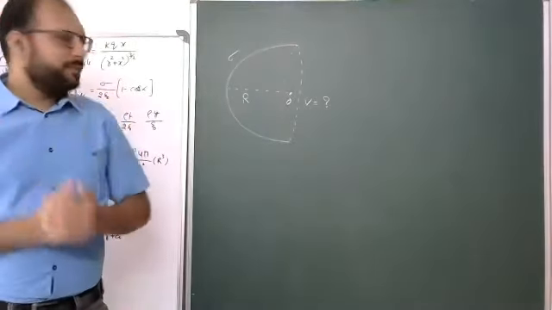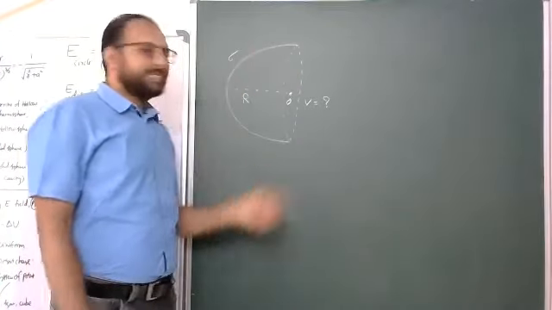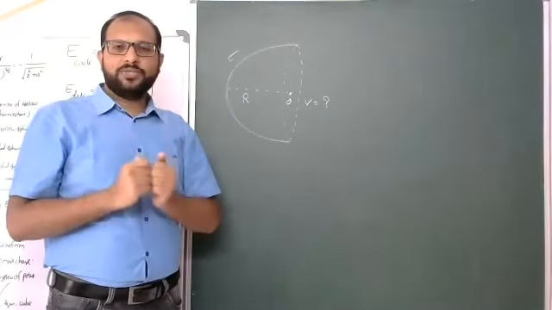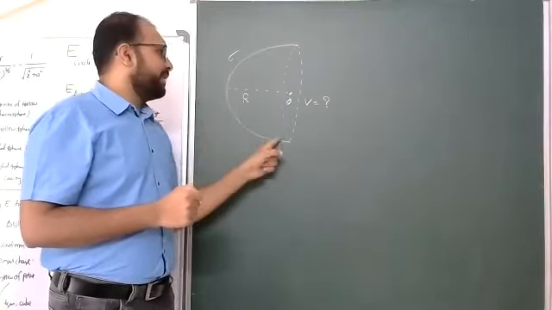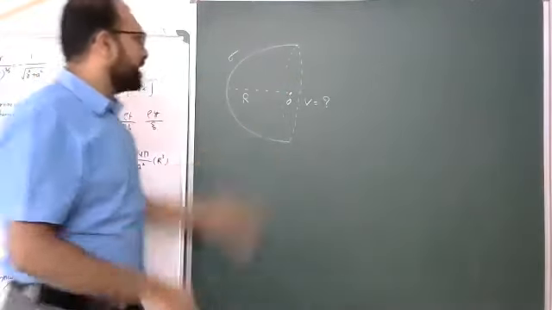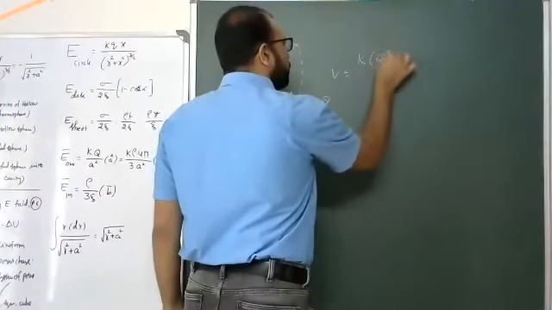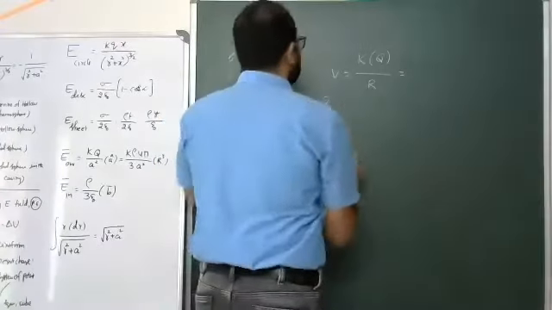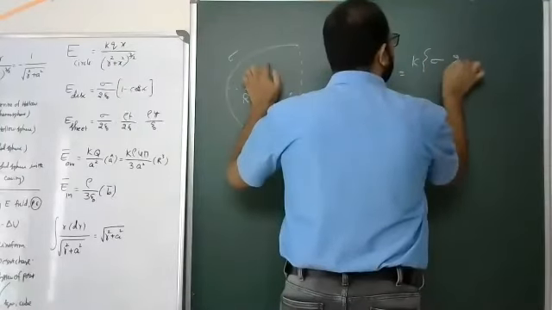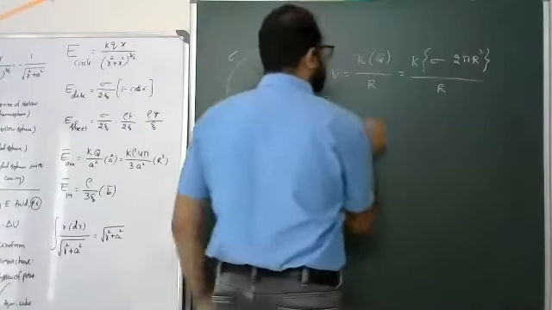Students, remember any point on the surface, if you take any point on the surface, the distance from O is constant, that is capital R. So whatever the charge, we take kq by capital R. Even for the total charge, the potential V at the center is k times total charge divided by R. Here total charge Q is sigma into 2 pi r square, divided by capital R, cancel.